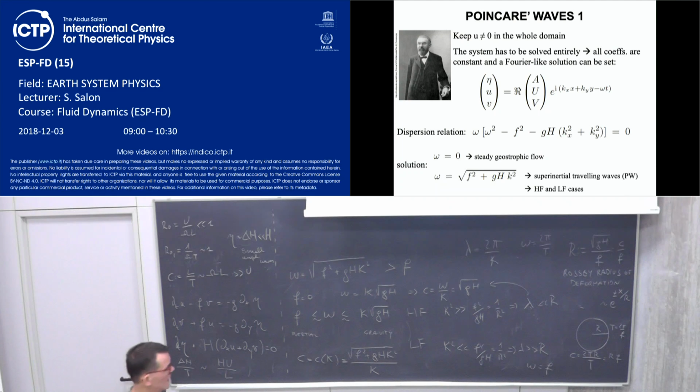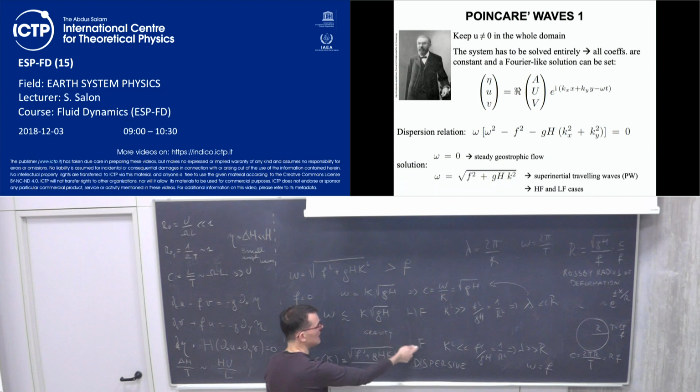But in the most general case, c is dependent on k, which means that waves are dispersing. So in the most general case, Poincare waves are dispersive, but become non-dispersive in the two extreme cases.